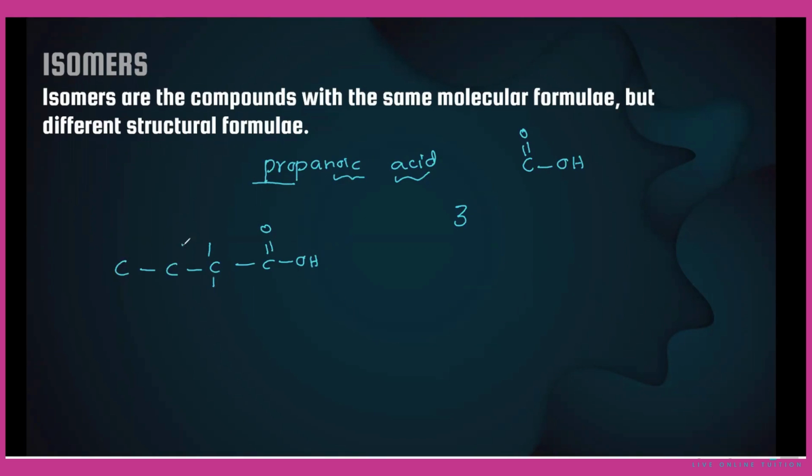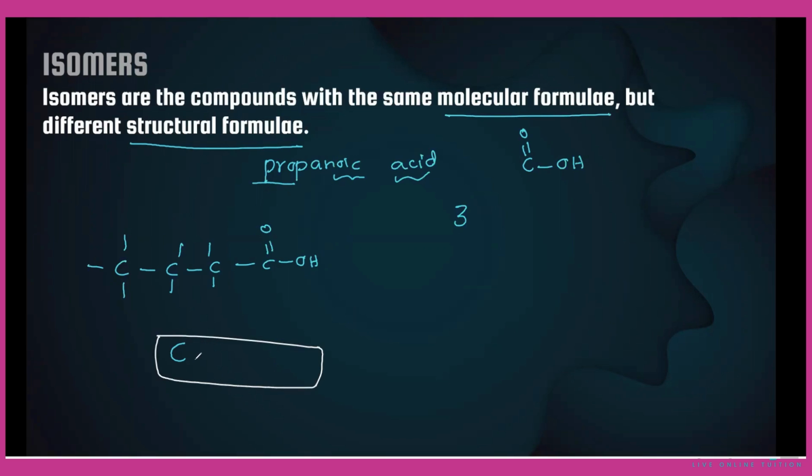So here we have altogether 7 hydrogens. So there is the structural formula and the molecular formula. The molecular formula is what we are writing as a formula over here. So for this particular compound, this is C3H7 C double bond OOH. Okay, this is our molecular formula.